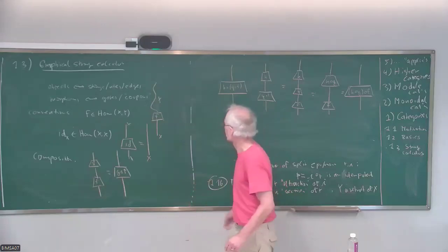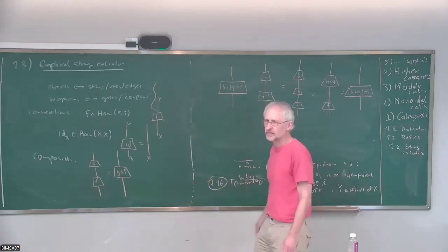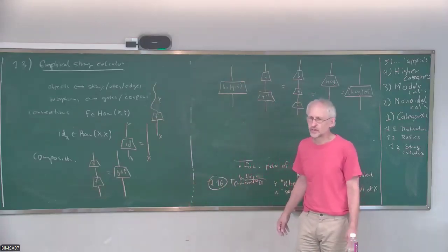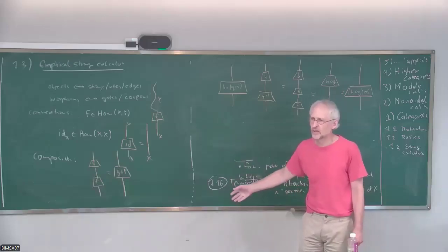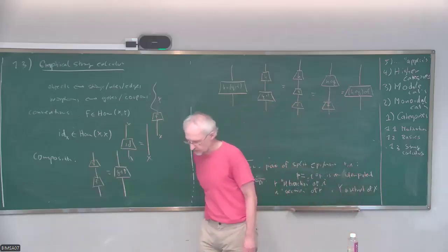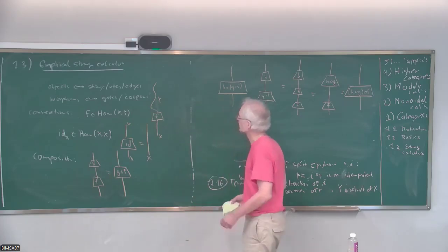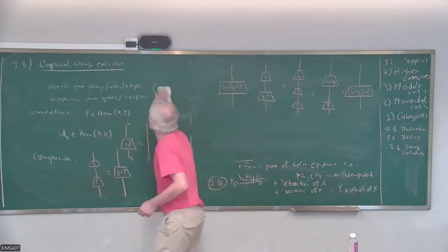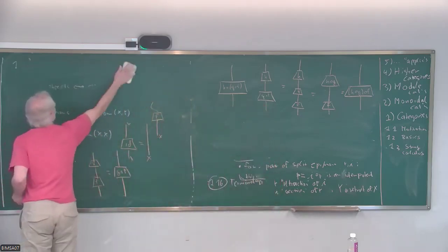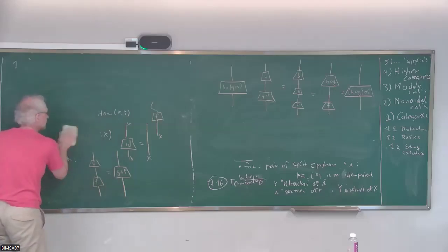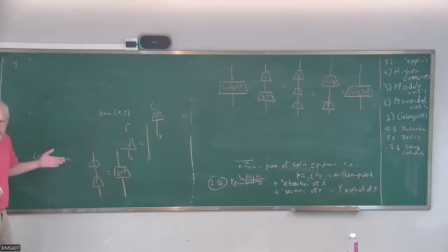As I said, this in itself is not of very much interest, but once we come to monoidal categories, it will be important to have this as a tool. And this is already, for now, everything about graphical calculus. I will call it graphical string calculus.